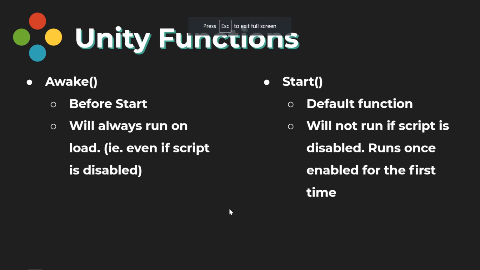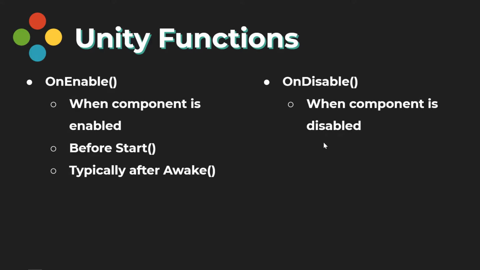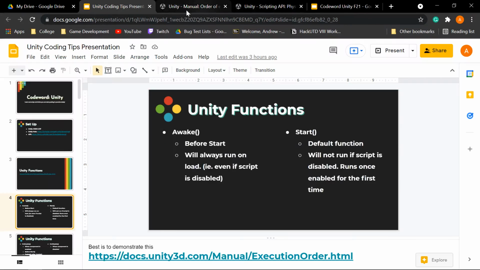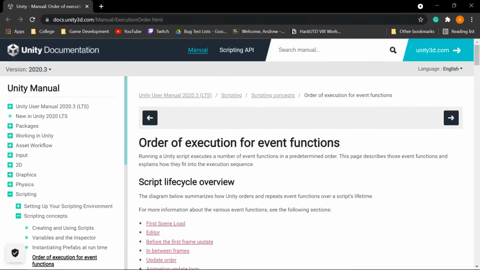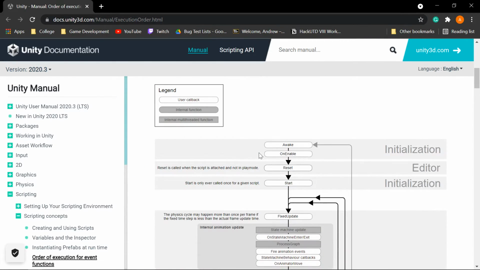So when you create a script, one of the first things you're going to see is Start. Well, similarly, there's Awake. So we have Awake and Start, and they pretty much do very similar things, but there's small differences. The first and foremost is that Awake will always occur before Start. We can actually see this on our order of execution.